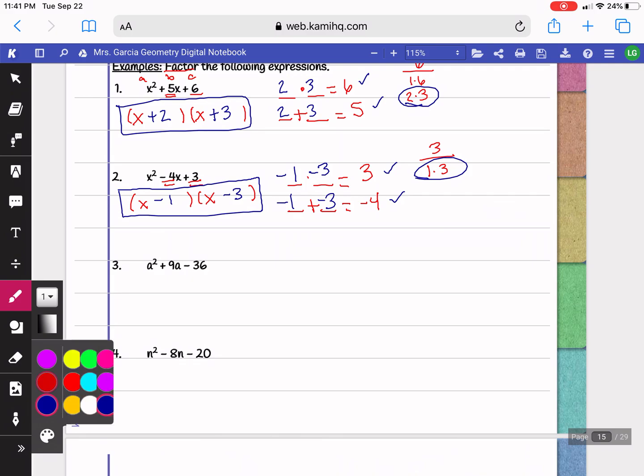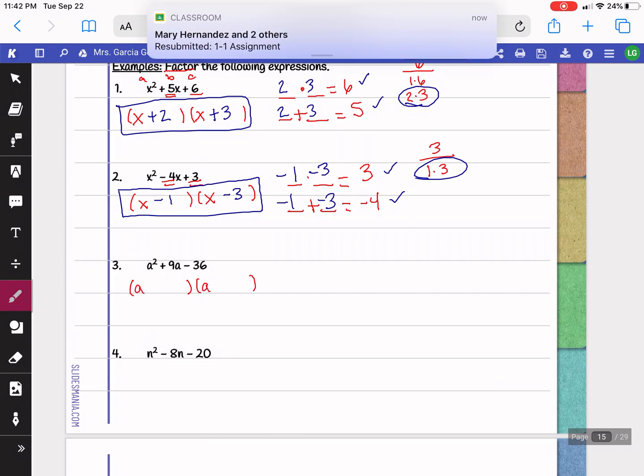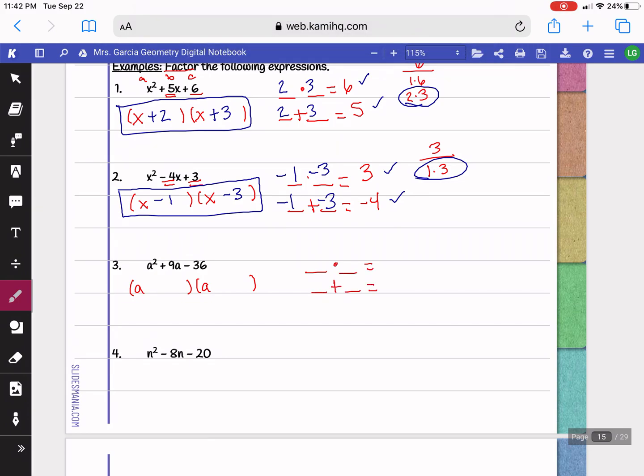For the next problem, I'm going to set up my factors. This time they're using the letter a. So a and a, because that will give me a squared. I'm going to set up my blanks here. So blank times blank equals c, which is negative 36. And blank plus blank equals b, which is 9.